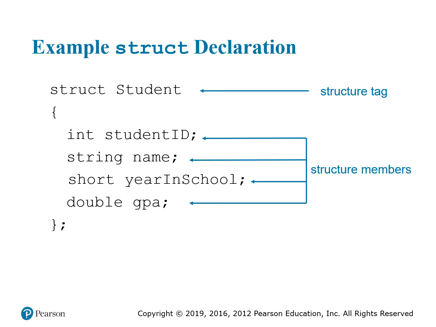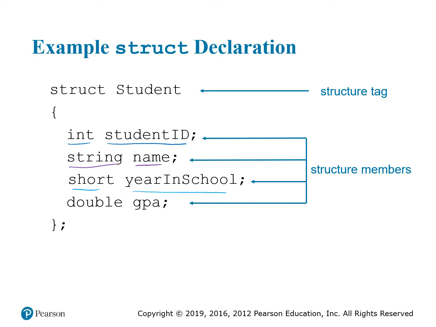Okay, so here's the example of how that struct would look if we were doing the student object we were talking about. Not an object, sorry, that has a specific connotation in C, but if we were making a student struct, we might have int student ID, we might have string name, we might have a short year in school, because your year in school is 1, 2, 3, or 4.